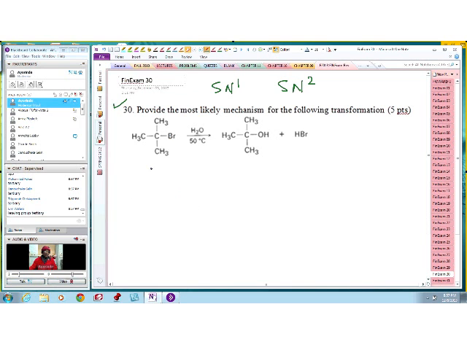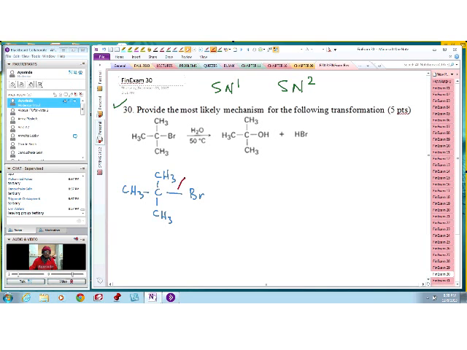In this case, we do not need an acid catalyst to make this reaction work, just as in the case of the alcohol that we did earlier, when I told you this was an SN1 reaction. Because in this particular instance, the bromine will serve as a leaving group. Is this a good leaving group? So what does it do?